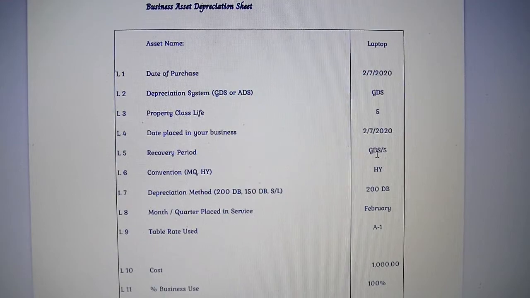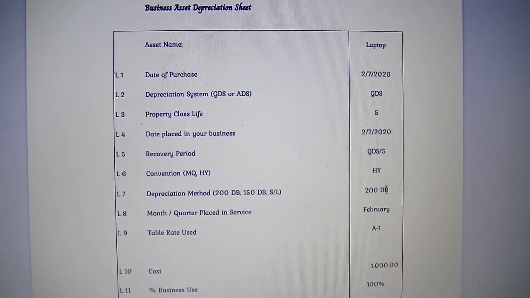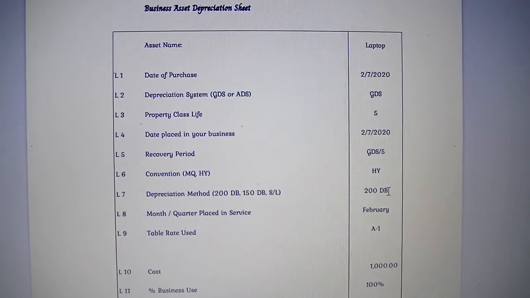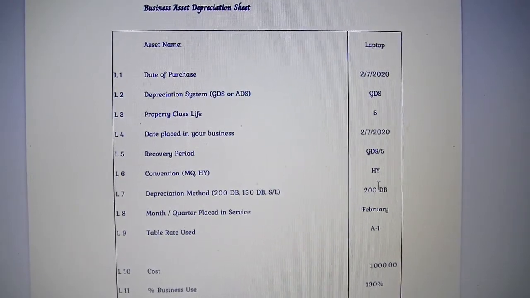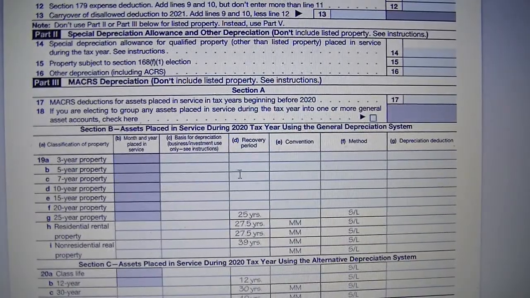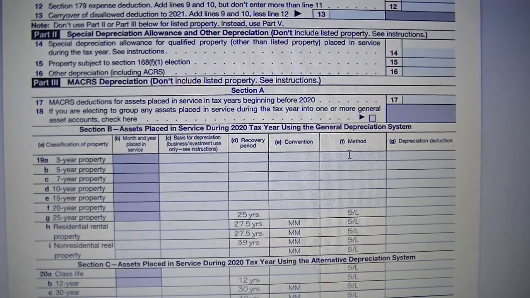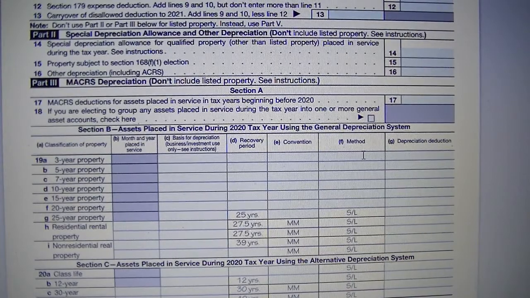So you will enter that as well. And depreciation method, here we choose 200% declining balance under GDS, and we'll put it as the default. You could put it or you can leave it, but the depreciation method will be 200 DB.